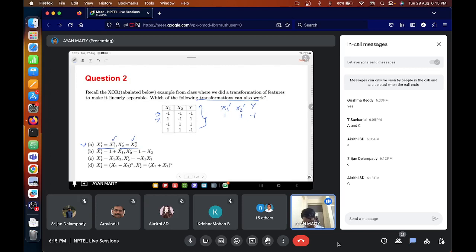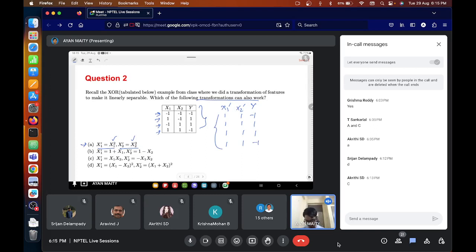For the second point, 1 minus 1, it would become 1 1 because we are squaring again. The third point is minus 1 1, so it would also become 1 1, and this y is 1. And the fourth point is 1 1 minus 1, so we are squaring x1 and x2, so 1 1 minus 1. So we see that all 4 points have become 1 comma 1.